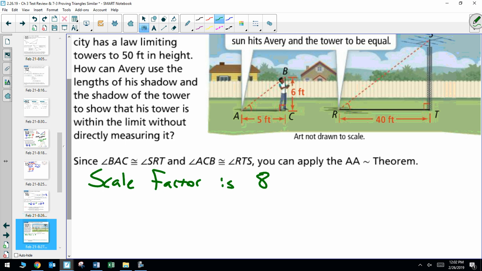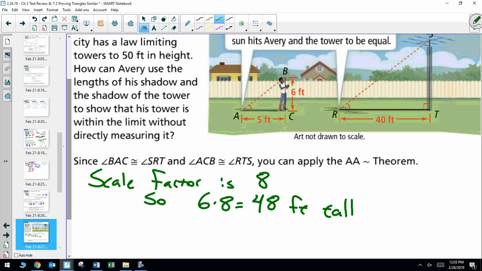What would I have to multiply by? 6, right? Scale factor is 8, so the tower has to be 6 times 8, which is 48. So it's 48 feet tall.